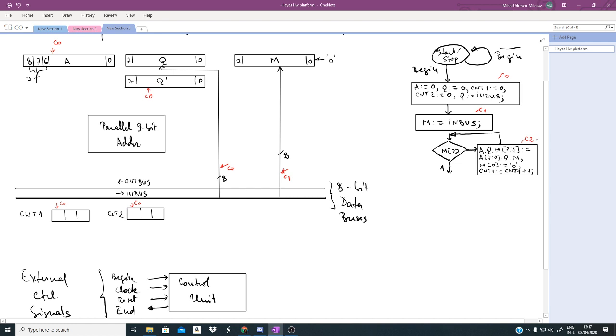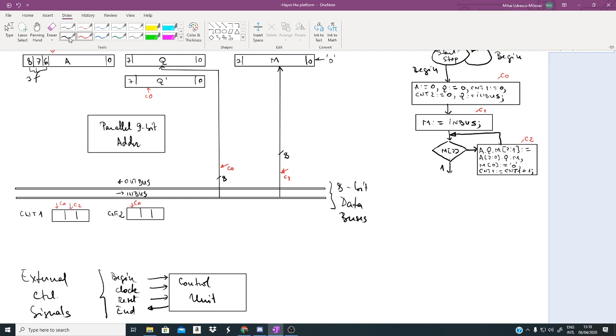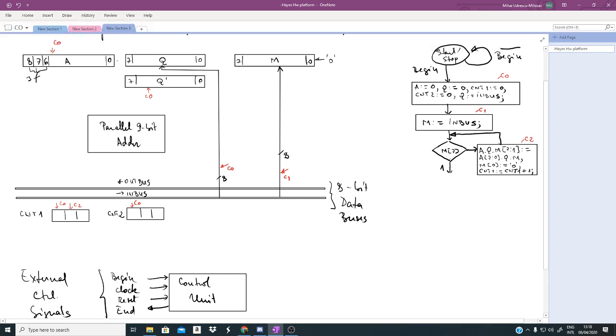Okay, good. Now, all of these are dictated by control signal C2. So with C2, first I'll increment counter 1. But what we need here is a chain of registers from M through Q and A, and that's why we make this chain here.